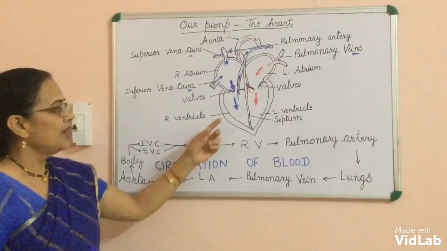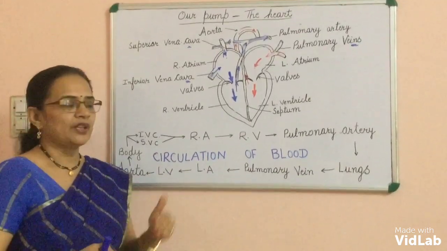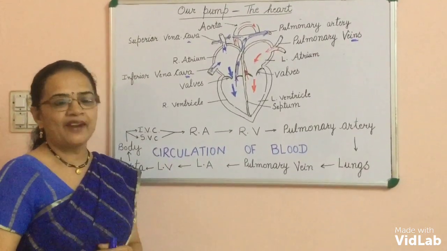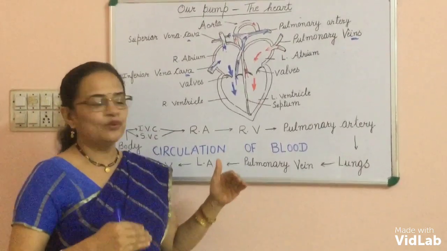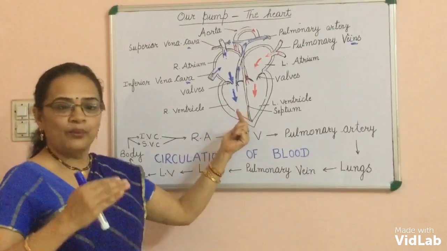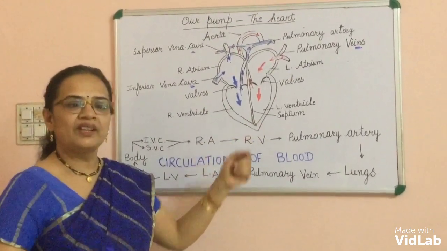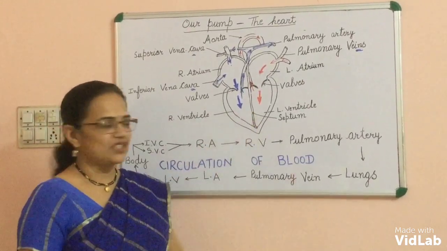Because we have to maintain our body temperature. Warm-blooded organisms have to maintain their body temperature. For that they have to spend energy. That is why we need more oxygenated blood, because our energy requirements are more.